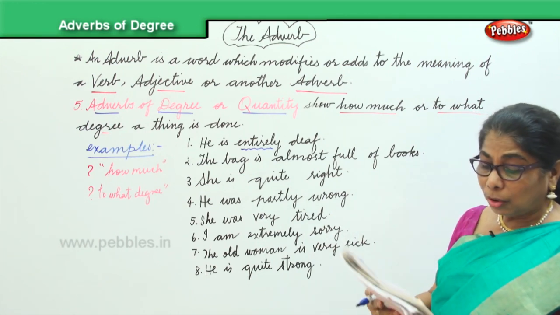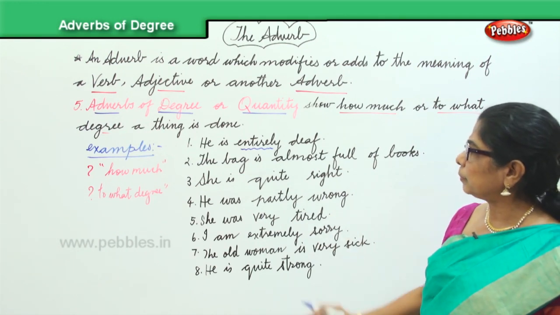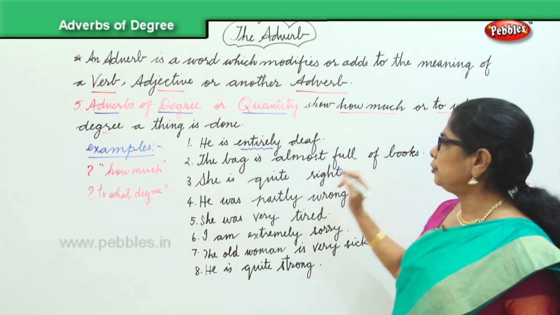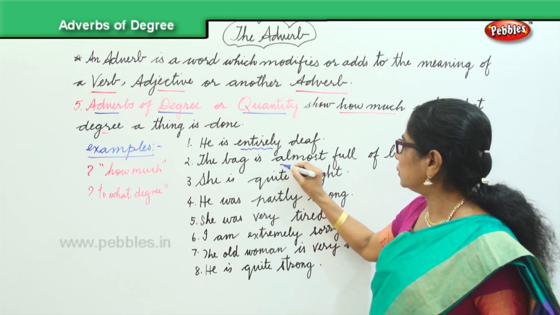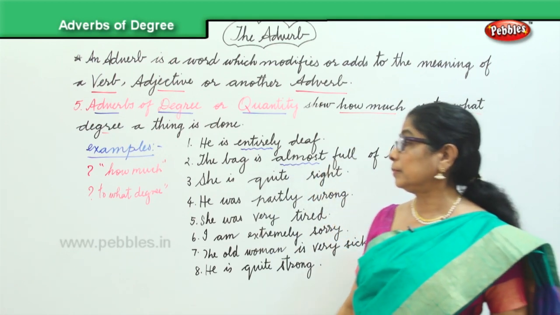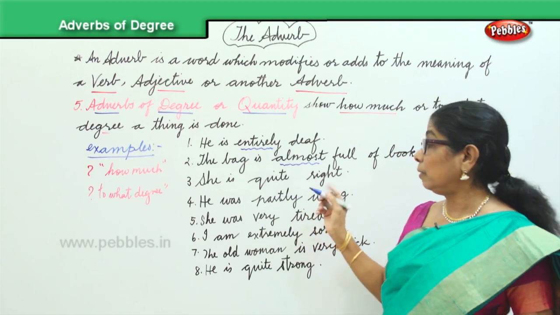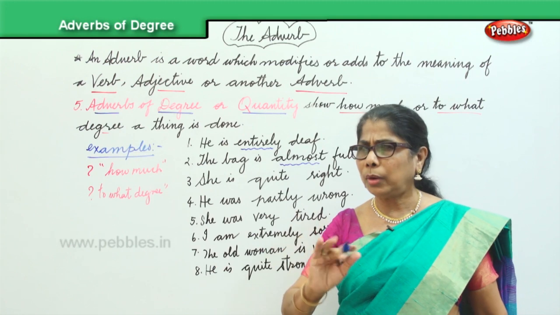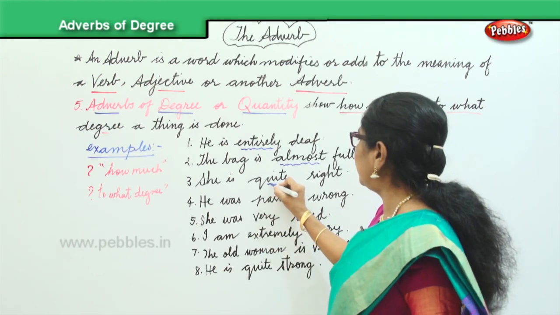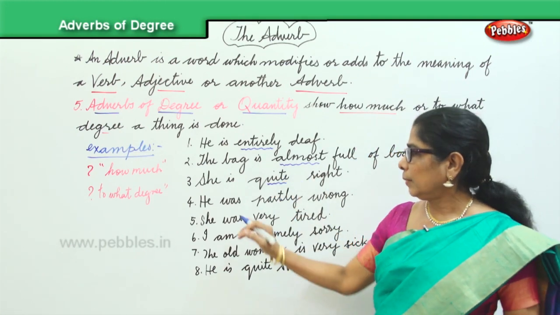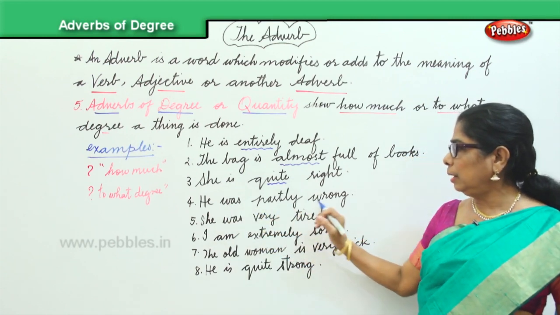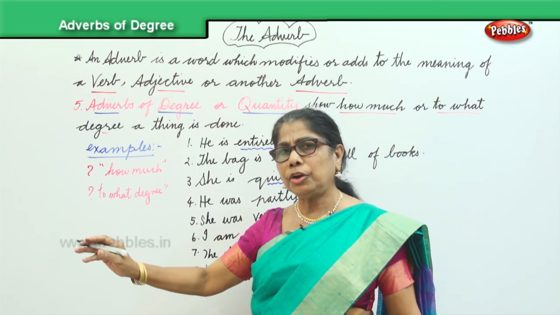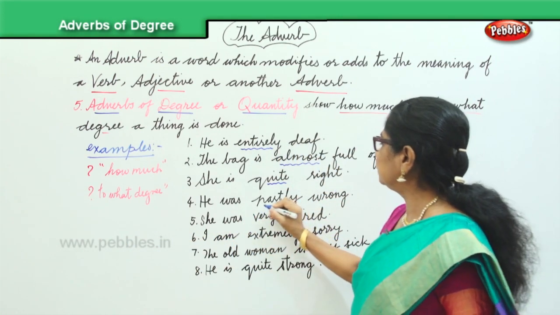How many books are there? Almost full. So, almost. She is quite right. To what degree is she right? Not fully, quite right, a little bit. He was partly wrong. To what degree is he wrong? It's not fully wrong, but partly wrong.